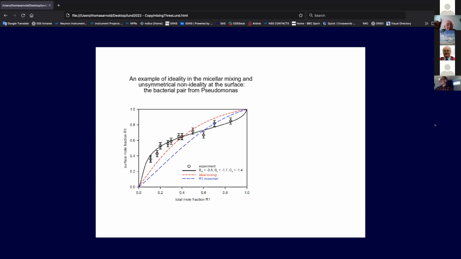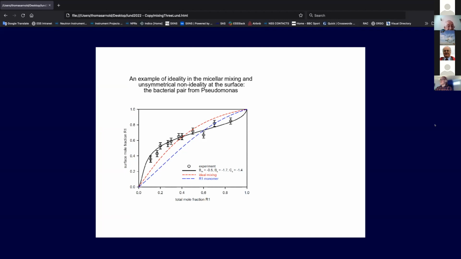The only difference between these is one has one sugar head group and one has two sugar head groups. We don't need to bother about that. But we've analyzed the surface tension, and what should be clear from what I've mentioned is that measuring this surface tension and composition with neutrons actually tells you about what's going on in the micelles as well as the surface, because the micelles also control the surface.